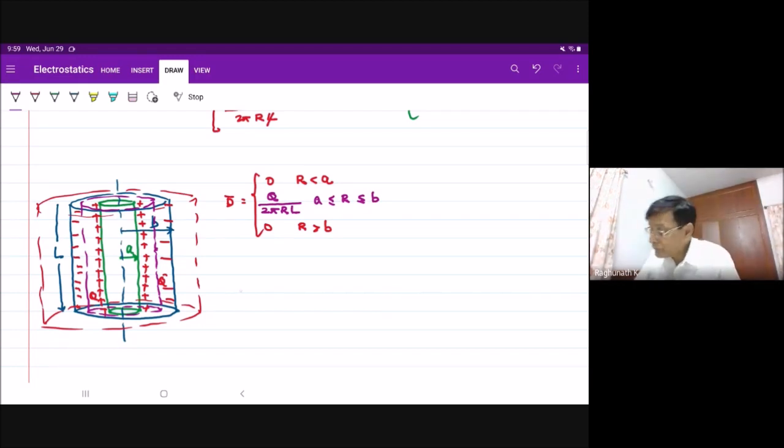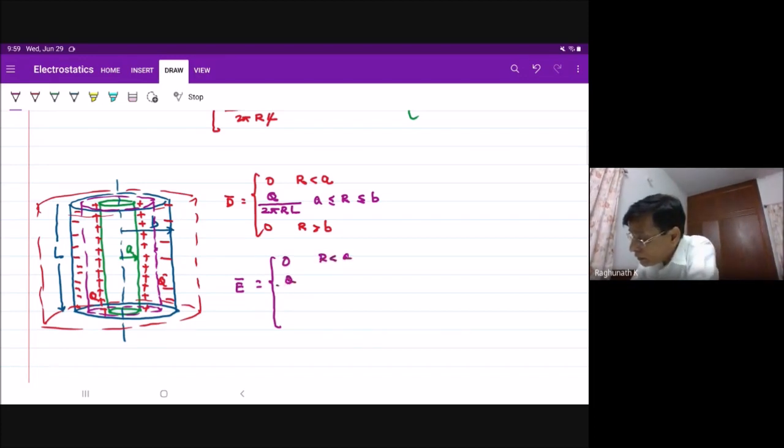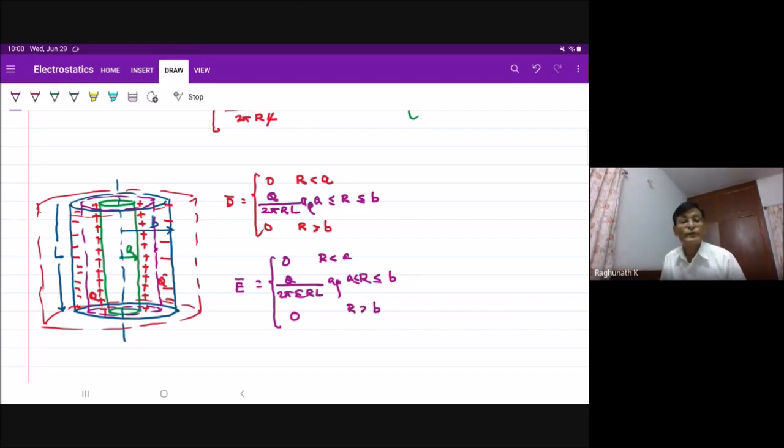Because of which the electric field intensity E bar is equal to 0 for R less than A, Q by 2 pi epsilon R L in the radial direction for A less than or equal to R less than or equal to B, and 0 again for R greater than B. It is the radial component in the cylindrical coordinate system.